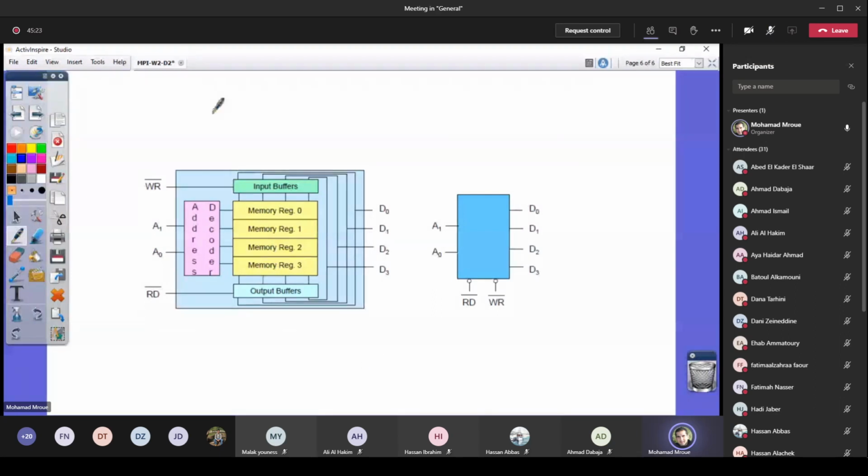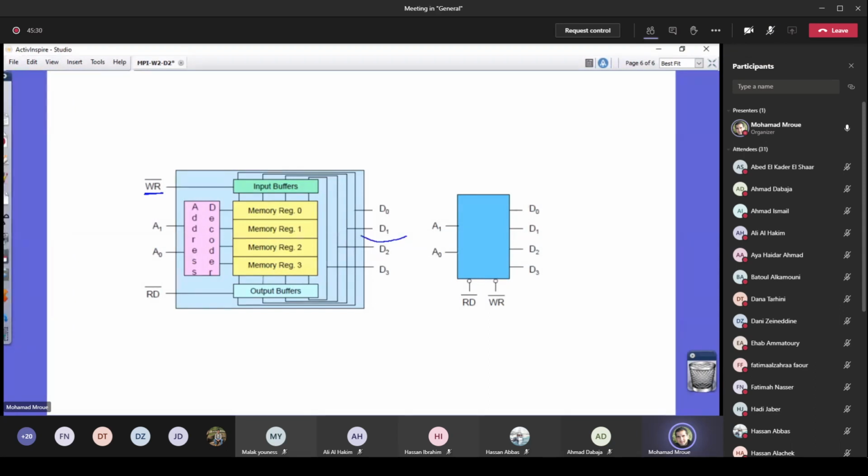So if write is enabled, it means the data will be available on the input and will pass through the input buffer in order to be stored. For example, if we have 1, 0 here, they will be stored in memory register R2, because this line will be active high, the others will be active low.